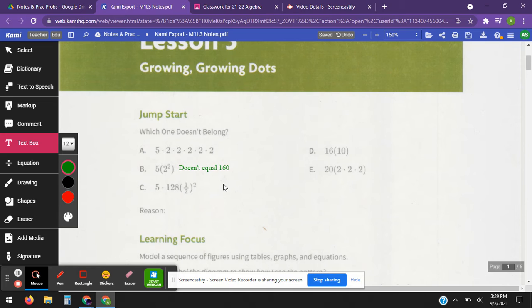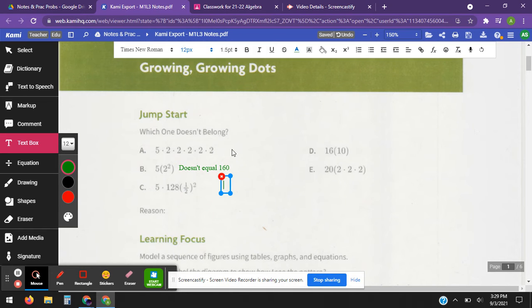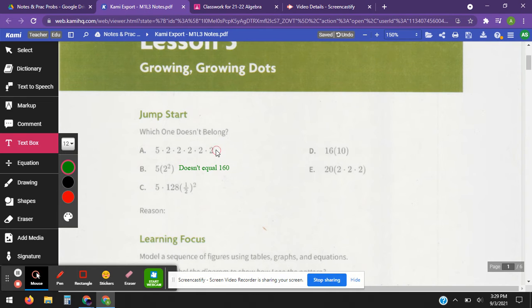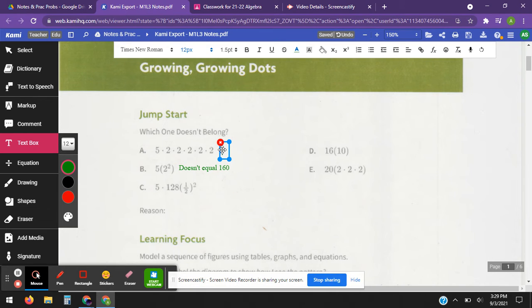Is there any others that I could say don't belong? Well, this one is the only one without parentheses. Parentheses, did I spell that right? Nope.